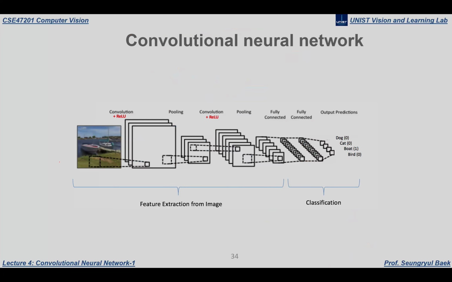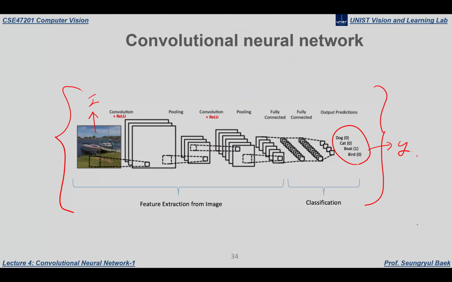Anyways, this is the convolutional neural network architecture. This is the initial input image, and this is our final output. In between, this operation is the convolutional layer that we just learned.